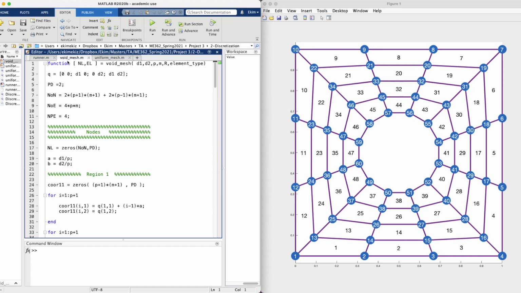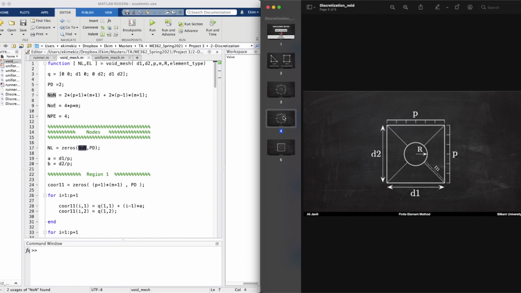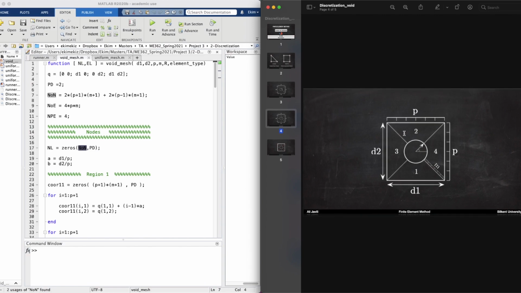So we again start with our cube. Remember, this stored the corners of our domain, and PD equals 2. And then we calculate our number of nodes. So let's go back to the slides. Okay.